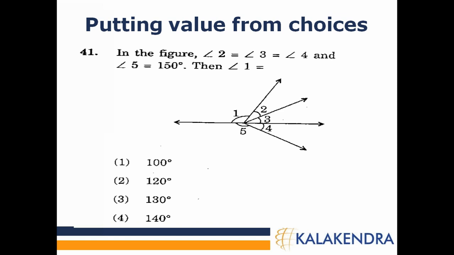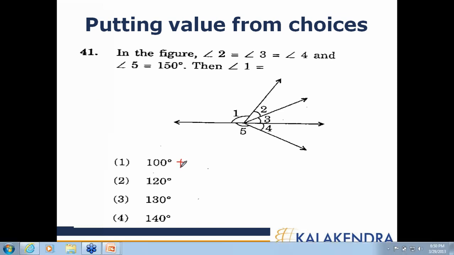If you add the two together with answer choice 1, these together make 250 degrees, which means the balance is 110 degrees, which is not exactly divisible by 3.